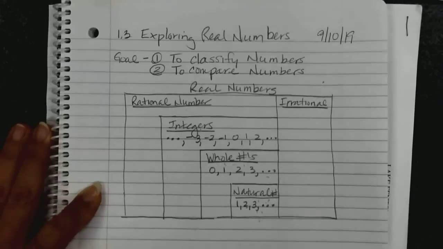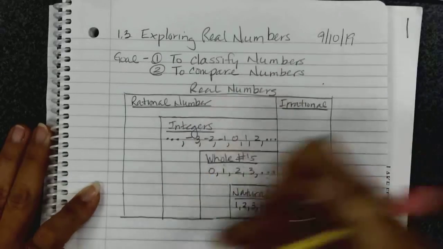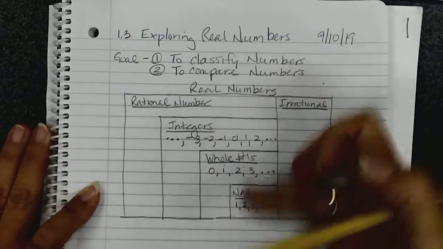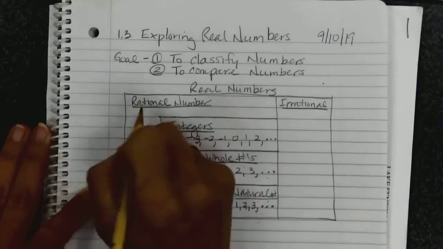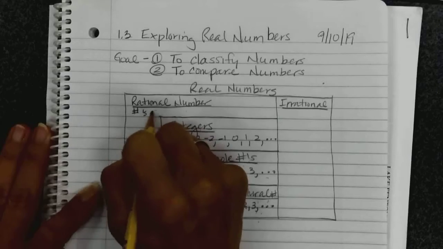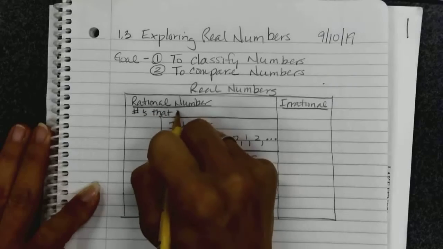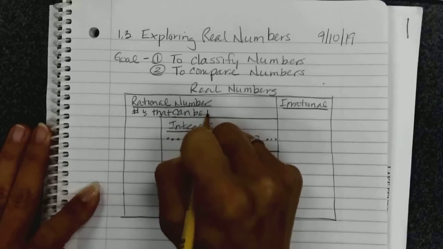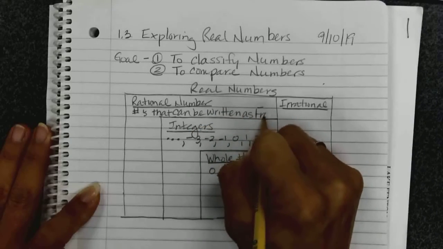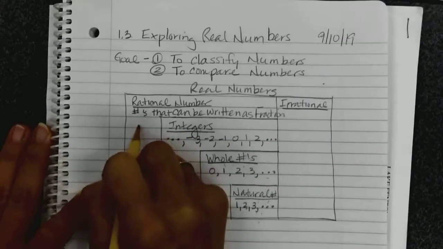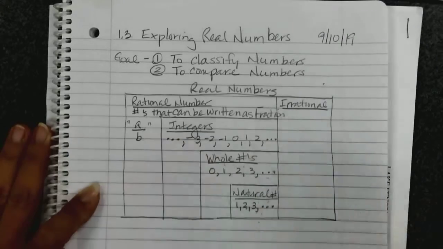Now let's go to rational. If integers don't include fractions and decimals, rational numbers are numbers that can be written as fractions. That means you should be able to write it like this.